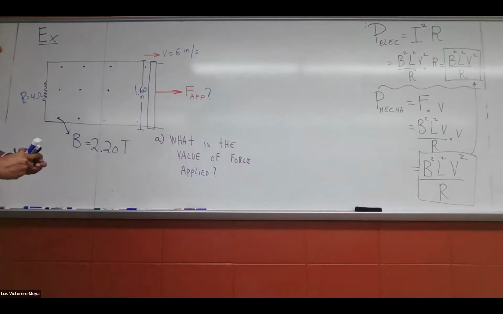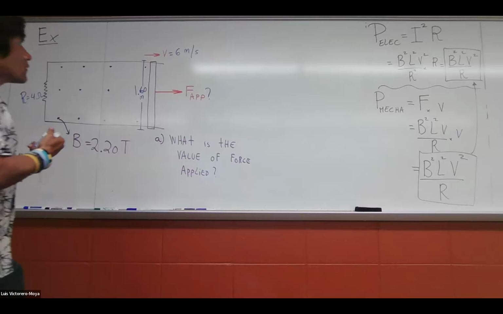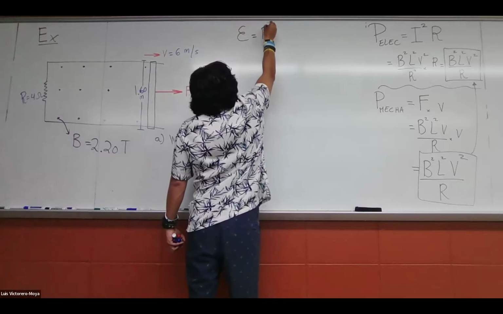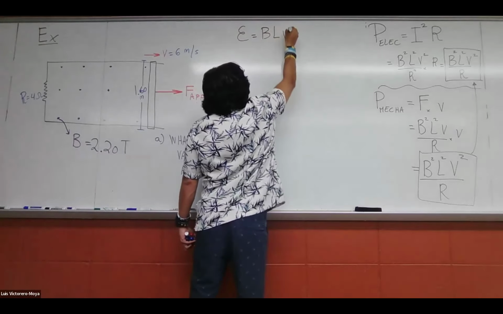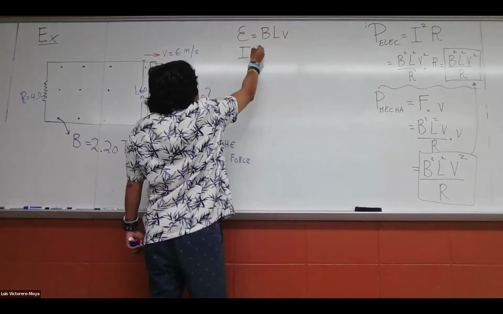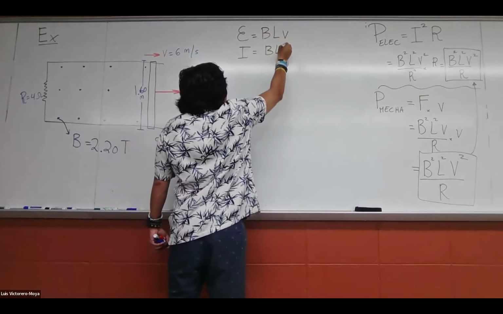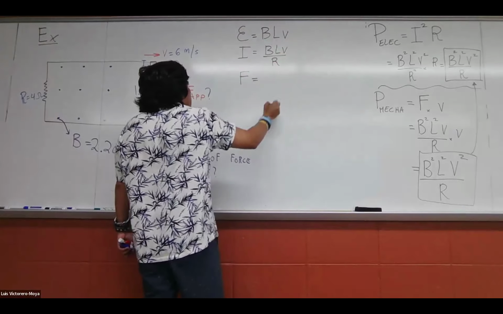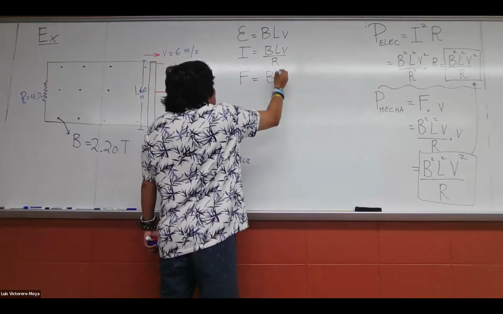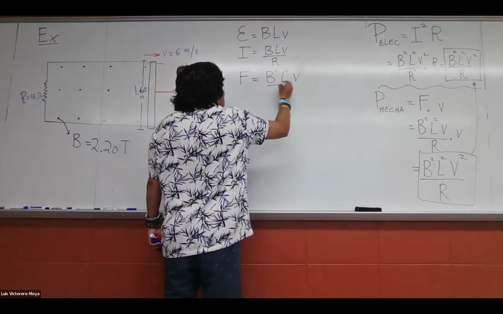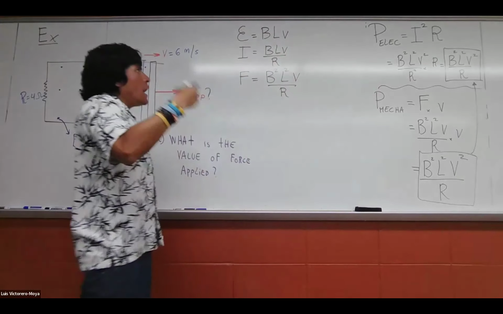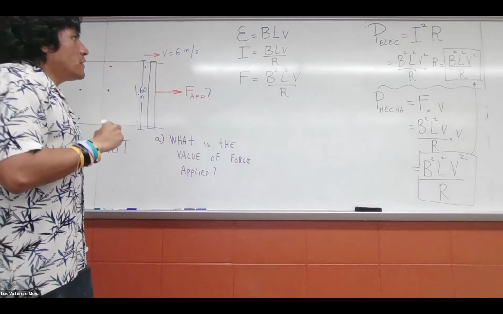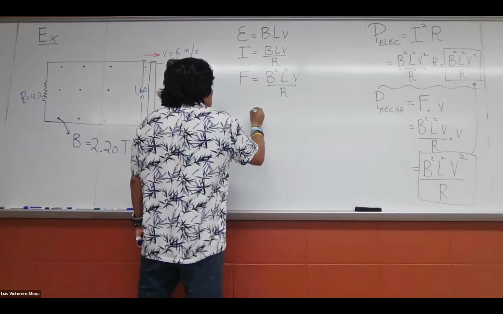The equation, remember, for E is BLV. That's in the equation sheet as well. The current is just BLV divided by R. The equation for force, magnetic or applied, is B squared L squared V divided by R, right? ILB, if the angle is 90 degrees.